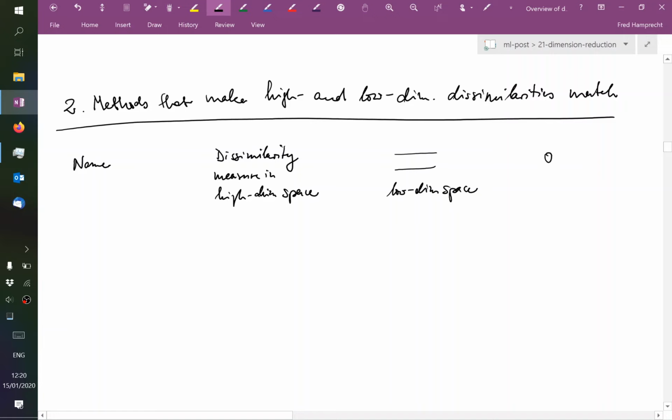And then we'll have the objective of the optimization problem. And I might also have comments for these.